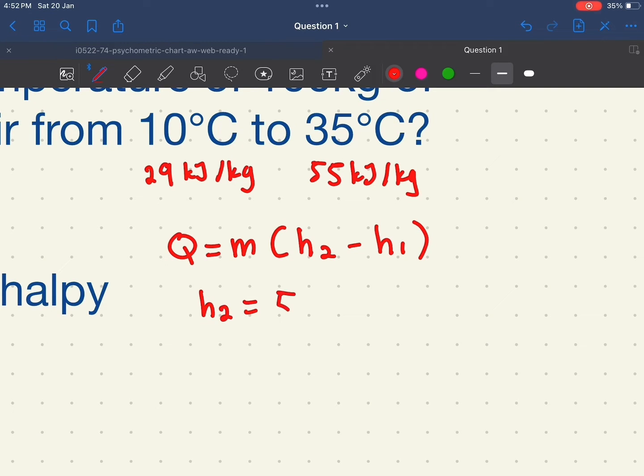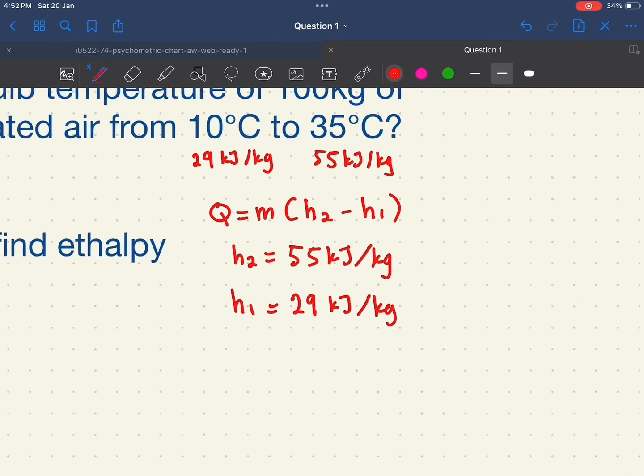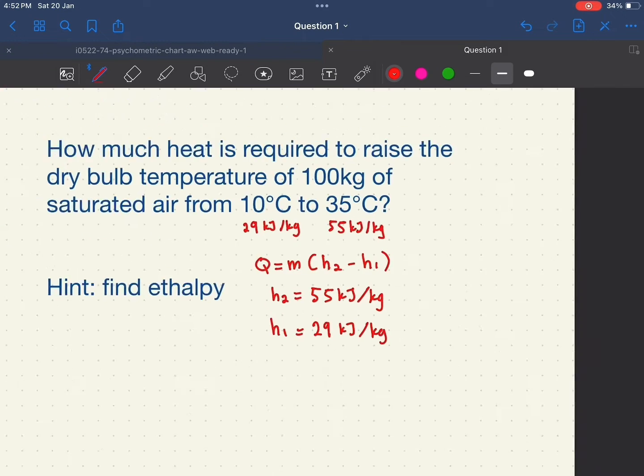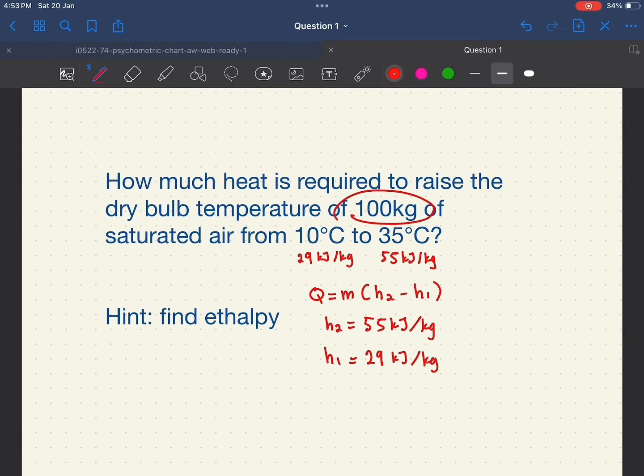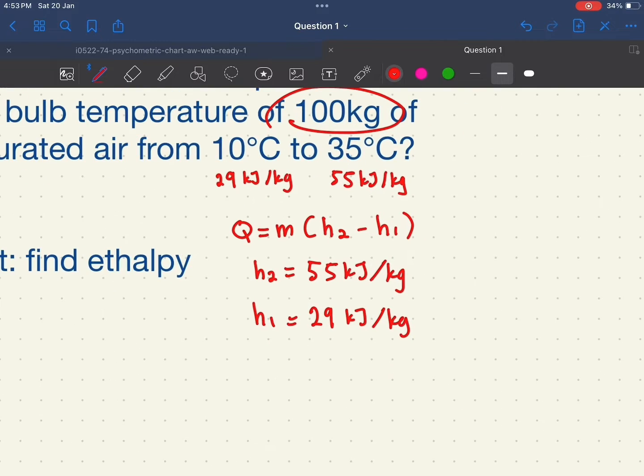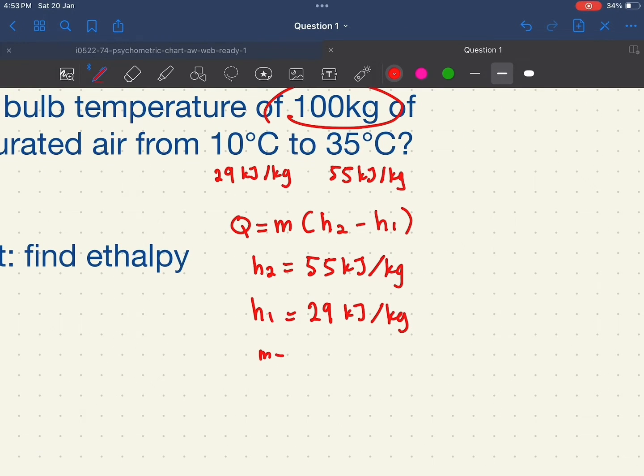Now H2 is 55 kJ per kg. H1 is 29 kJ per kg. From the question, we have the information for the mass is 100 kilogram. M equals 100 kilogram.